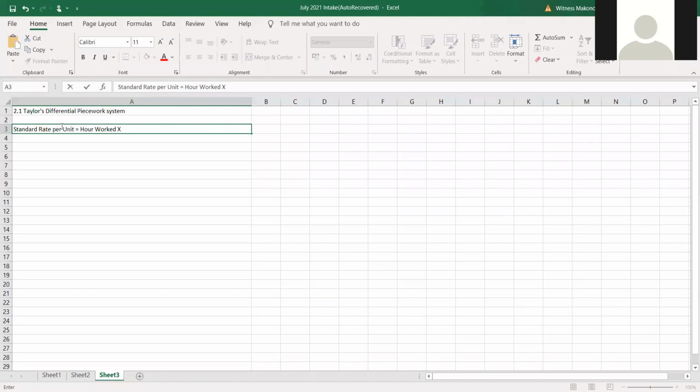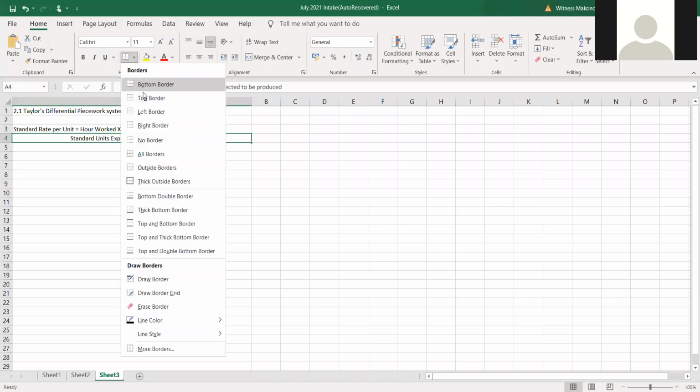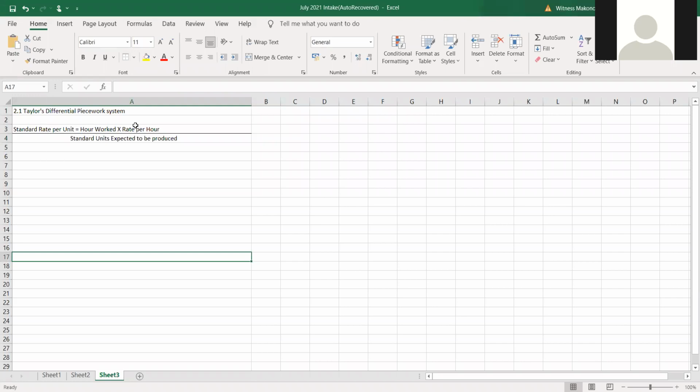So the standard rate per unit is equal to hours worked times the rate per hour over standard units to be produced.